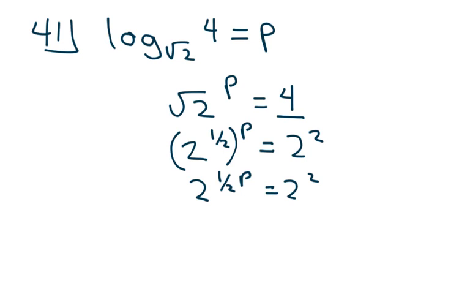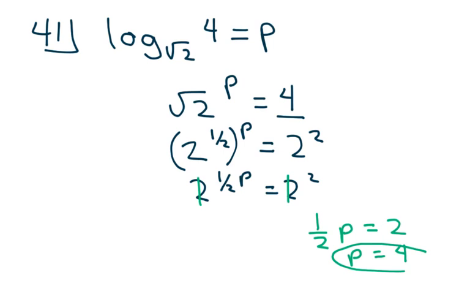Now I'm going to just deal with the exponents. So 1/2 p equals 2. Multiply both sides by 2 and I get p equals 4. Okay? So that's your solution set. Yeah, I like that one.